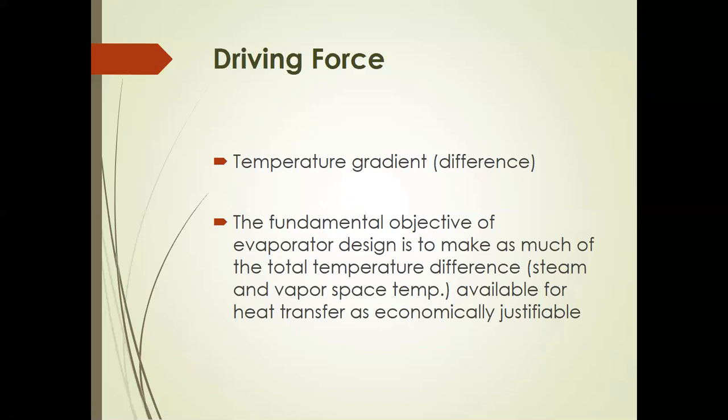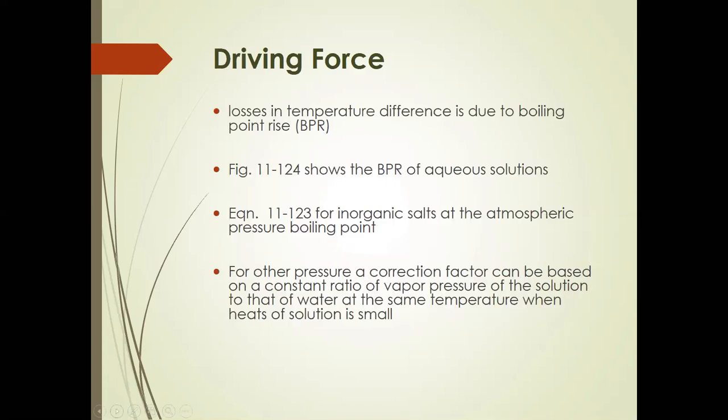That is now the vapor space temperature if your evaporator does not have boiling point elevation. Now, I will discuss that later. So this is in the normal sense wherein the feed does not have boiling point elevation. The vapor space temperature is the saturation temperature at the indicated operating pressure of your evaporator.